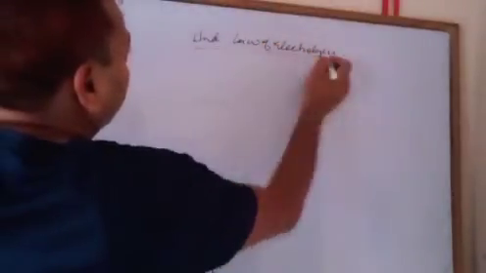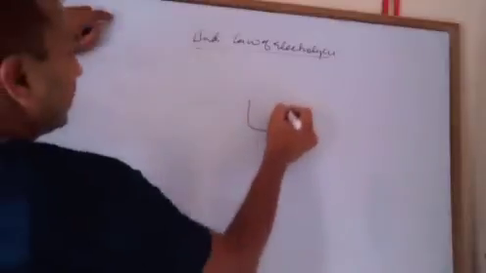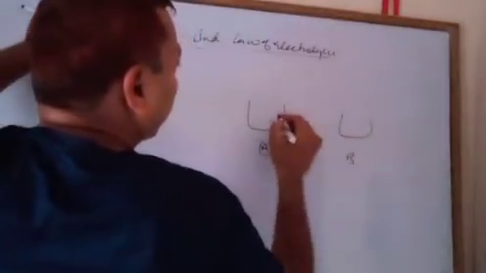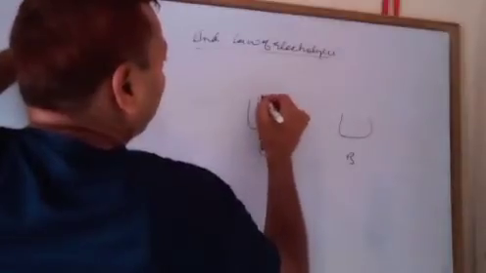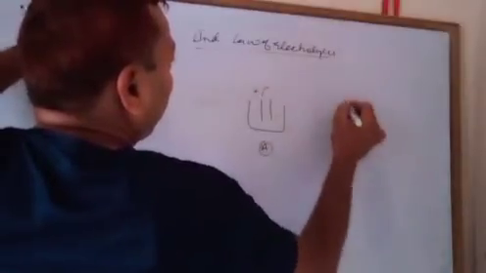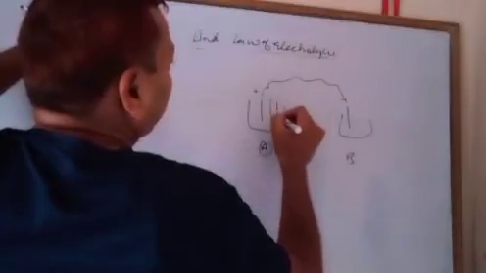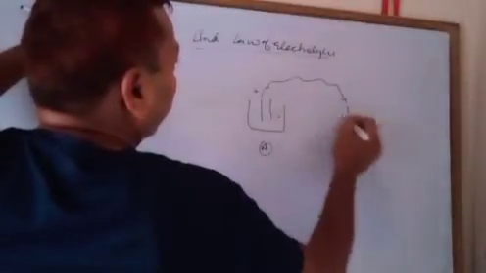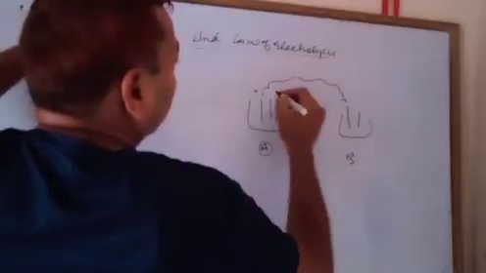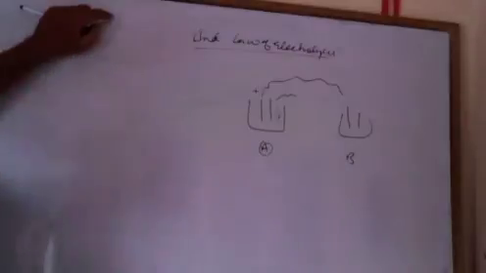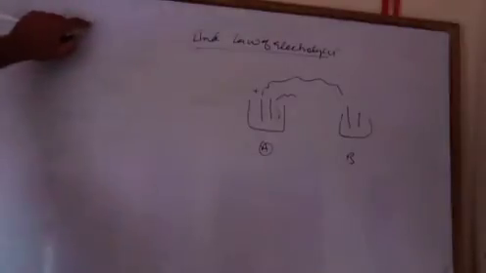What is this? See, this is when two cells are connected in series like this. This electrode is positive, and it is connected with this.